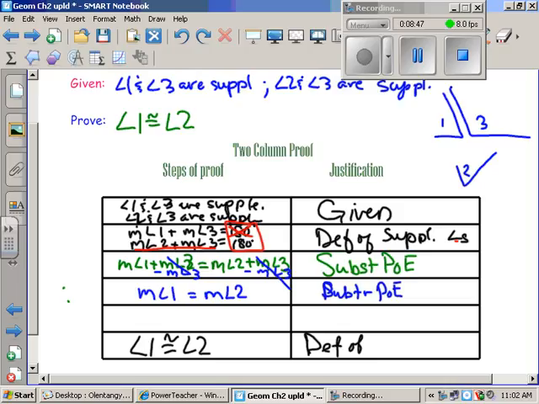Definition of congruent angles. I always say, if that's your tool chest for building proofs, this is like the duct tape in your tool belt. This is useful for all kinds of stuff. You'll use it in lots and lots of proofs. It's just so important to remember.